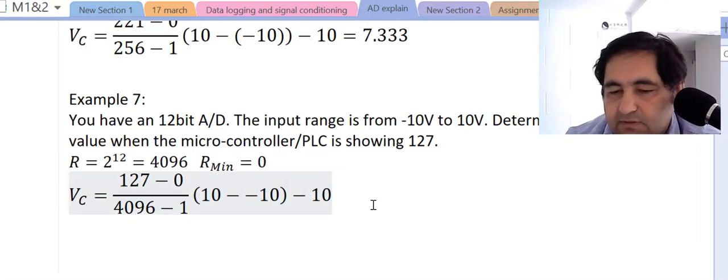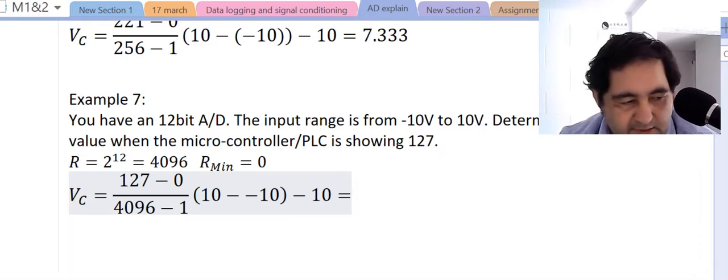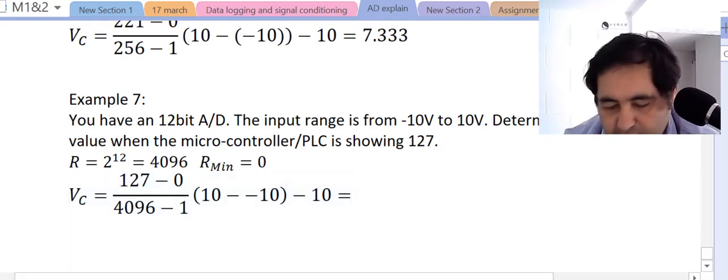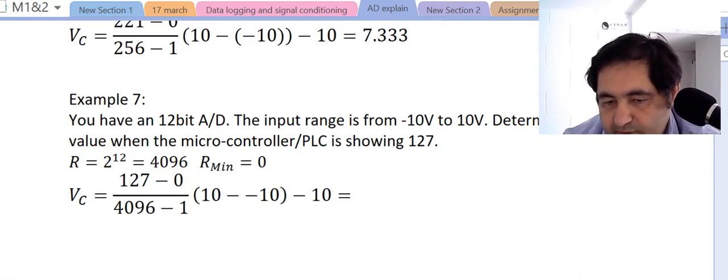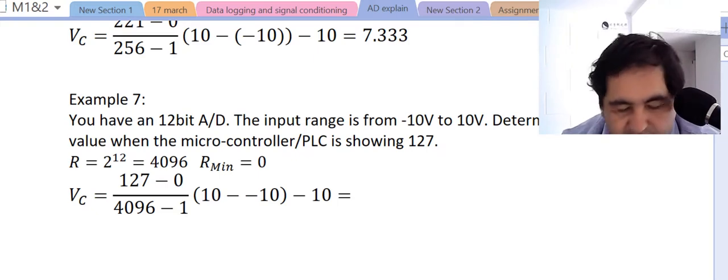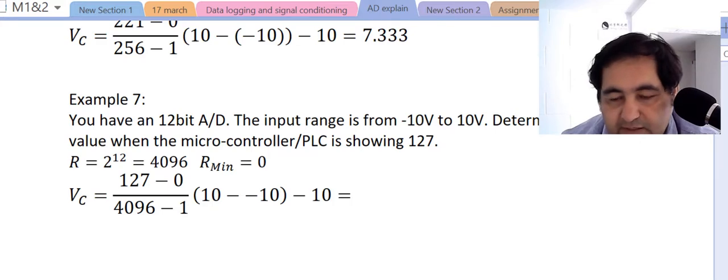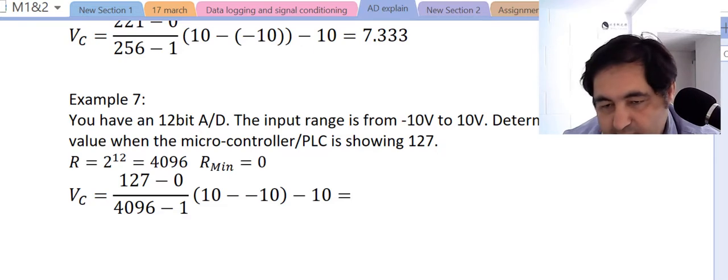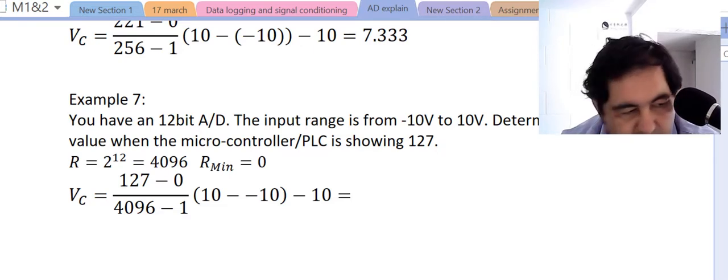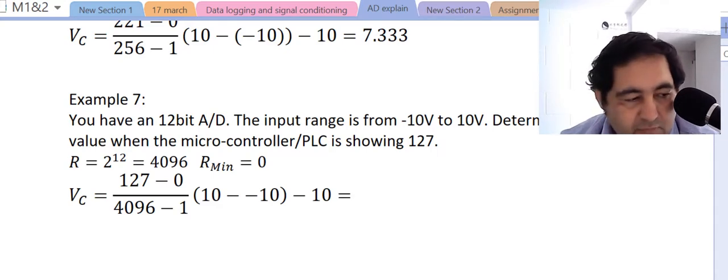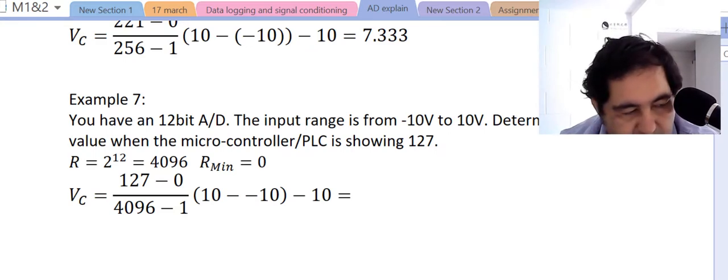So how much is the answer? It's going to be 127 by 4095, because 1 is off. Then 10 minus minus 10 is obviously 20. Why is it 20? Because that's the range that we have.